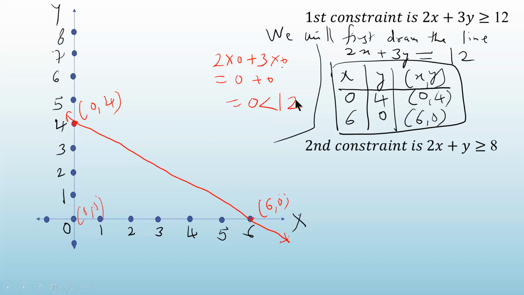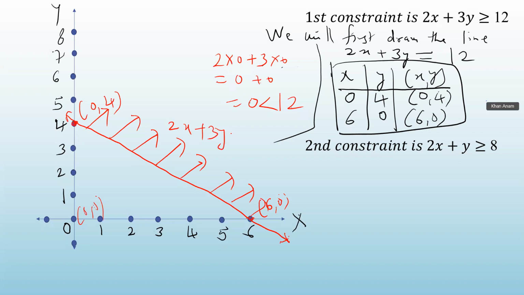But we want greater than 12. So that clearly says that this portion above the line is given by 2x plus 3y greater than or equal to 12. 2x plus 3y equal to 12 is the points on the line. The portion below, in which the point (0, 0) lies, is given by less than 12.